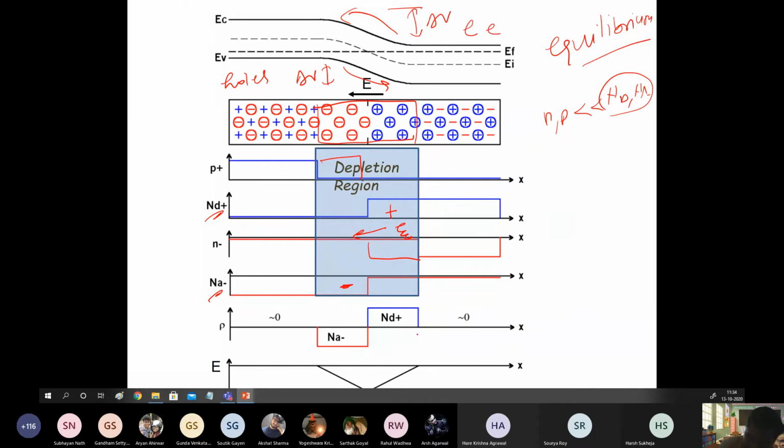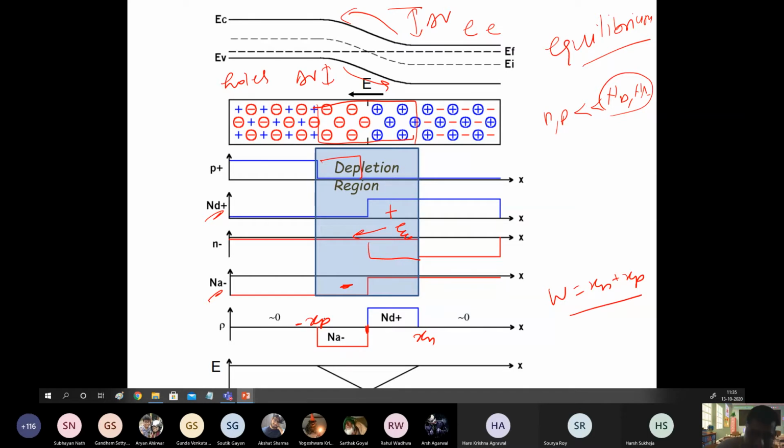This is the metallurgical junction, x equal to 0. This becomes, let's say, xn, and this becomes xp, or sometimes minus xp if you assume the magnitude of xp is positive. The total width of the depletion region becomes xn plus xp.